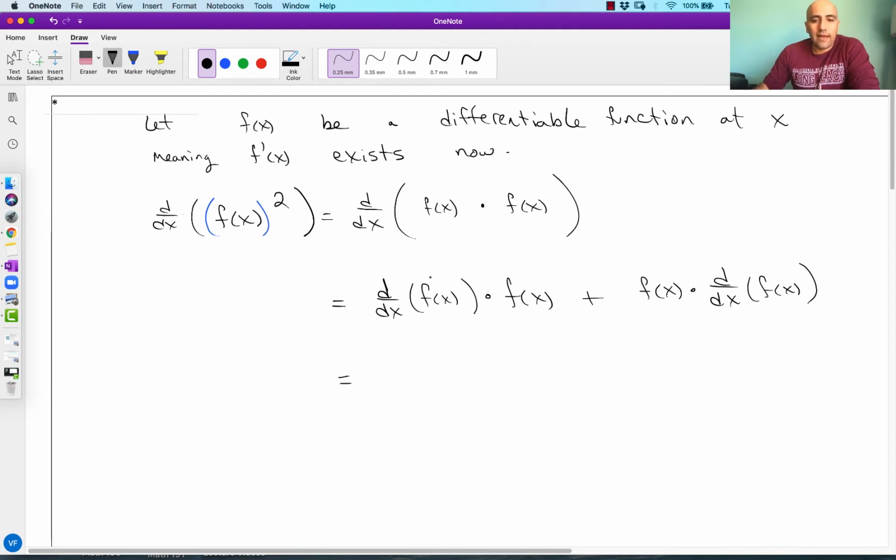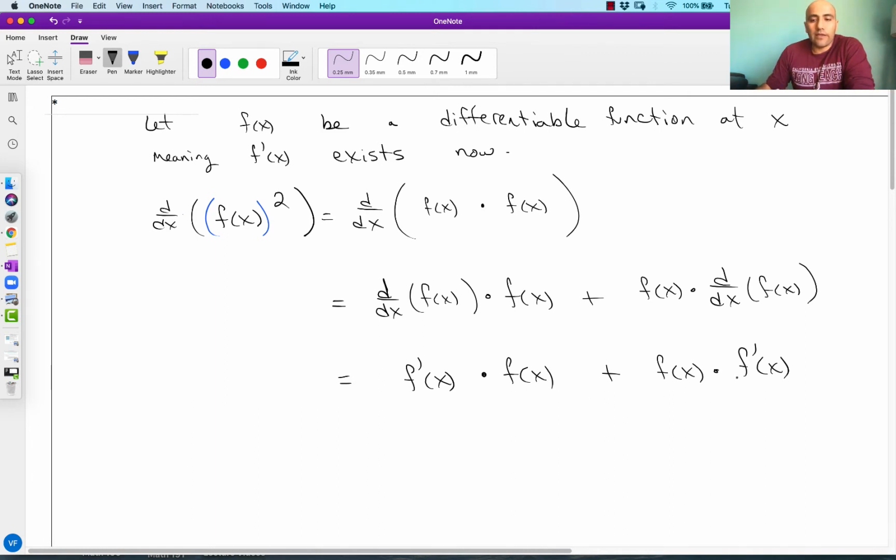Now the derivative of this function, well, I don't know what it is, but we're told it exists. It's differentiable. So I can just say it's f prime of x times f of x, plus, now this one is f of x times, and the derivative of this function, well, that's just going to be f prime of x. And well, they're both identical.